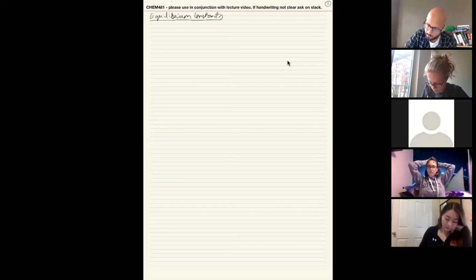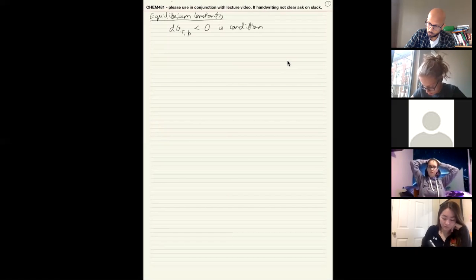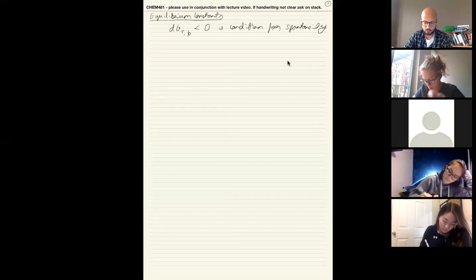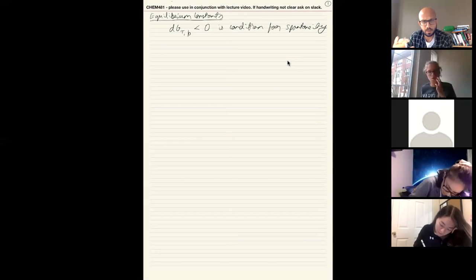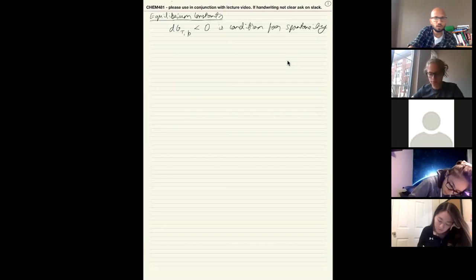We know that dG at constant temperature and pressure less than zero is the condition for spontaneity. Any process will happen in the direction in which the Gibbs free energy goes down if you're looking at constant temperature and pressure.